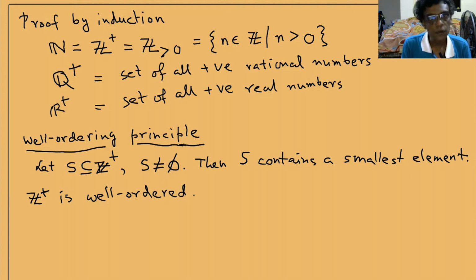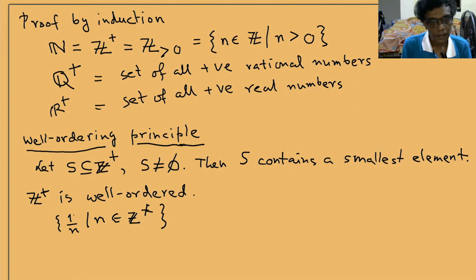On the other hand, if you look at Q plus and R plus, they are not well ordered. For example, I can consider 1 over n, for all n in Z plus. This is a subset of both Q plus and R plus, right? But this does not have the smallest element. And this is definitely a non-empty set. In fact, it's an infinite set.